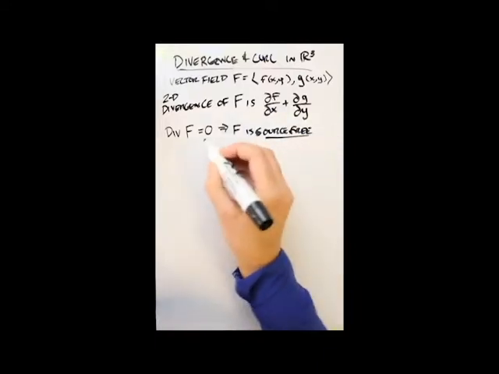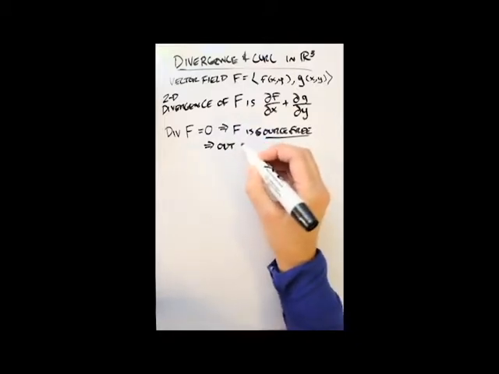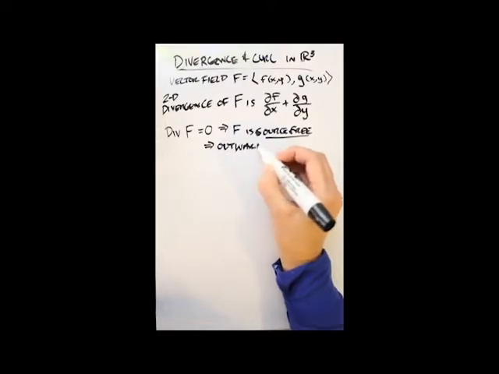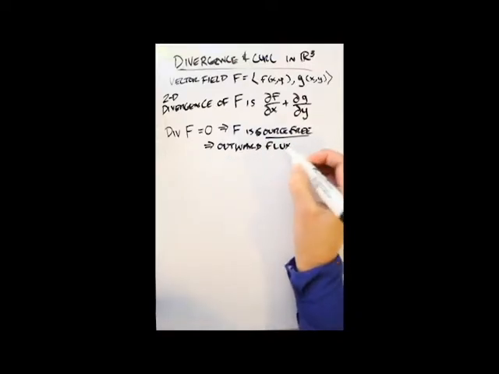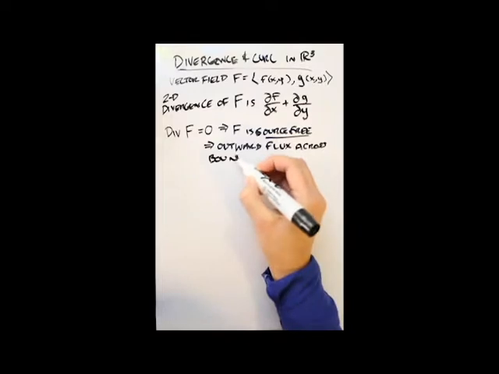And what that implies is that the outward flux across the boundary of our region, we'll call it R, is also 0.